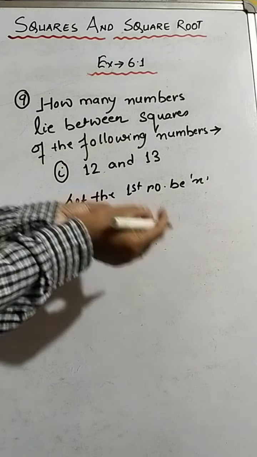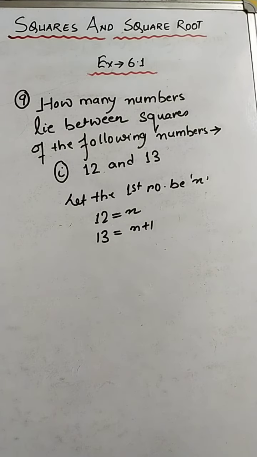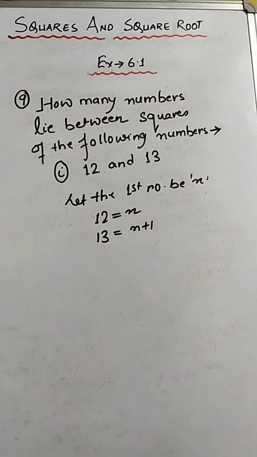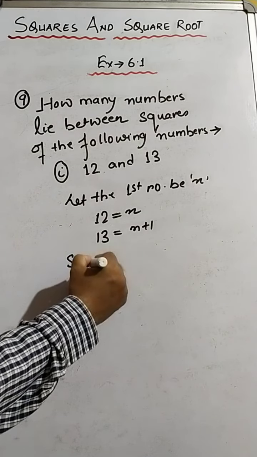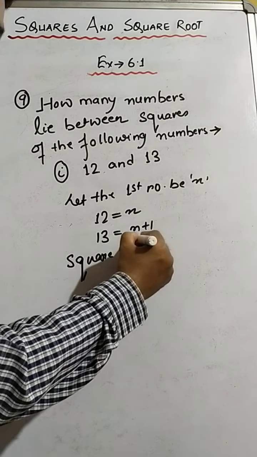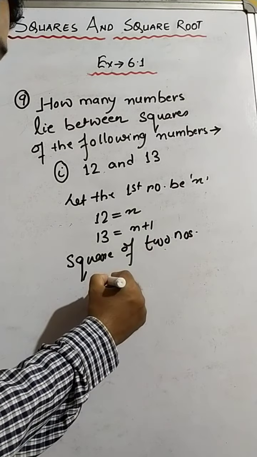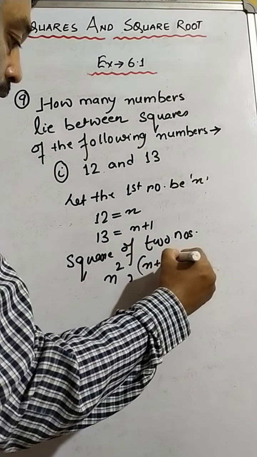It is 1 more than n. That is n plus 1, isn't it? Now, instead of doing 12 square, we will do n square. So square of two numbers would be n square and n plus 1 whole square.